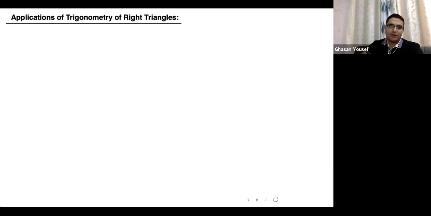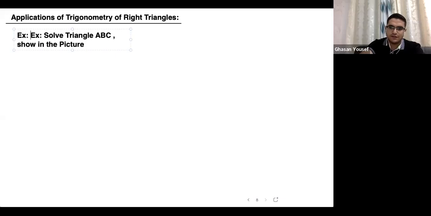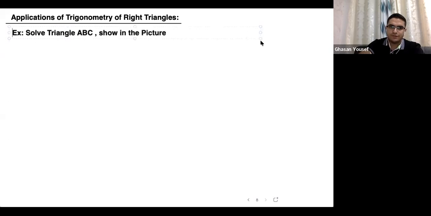Okay. So my example now: solve the triangle ABC. Suppose I have a triangle ABC like this. I'm going to graph it, show in the picture. Here's my triangle.